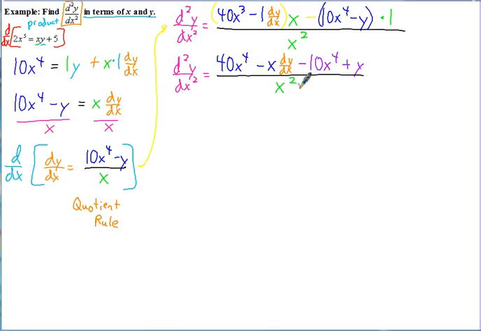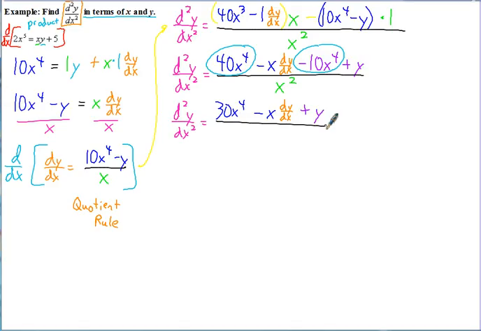Now we've got some like terms in the numerator. We've got 40x to the fourth minus 10x to the fourth. So you can find this to be 30x to the fourth. So our second derivative equals 30x to the fourth minus x times dy dx plus y all over x squared.